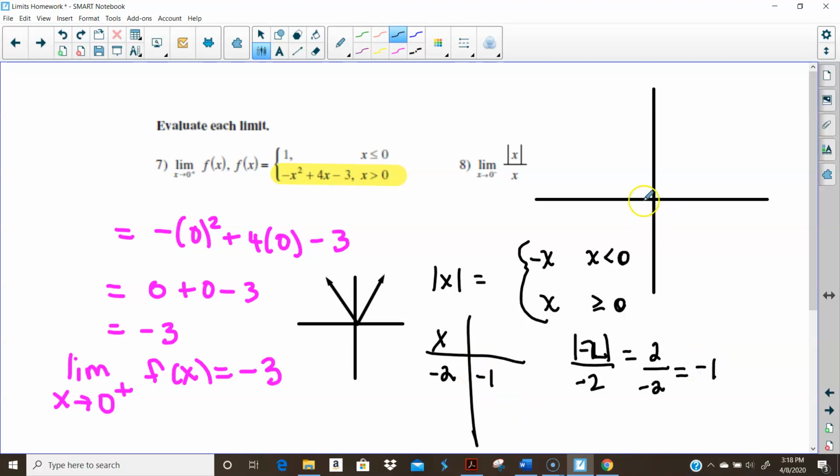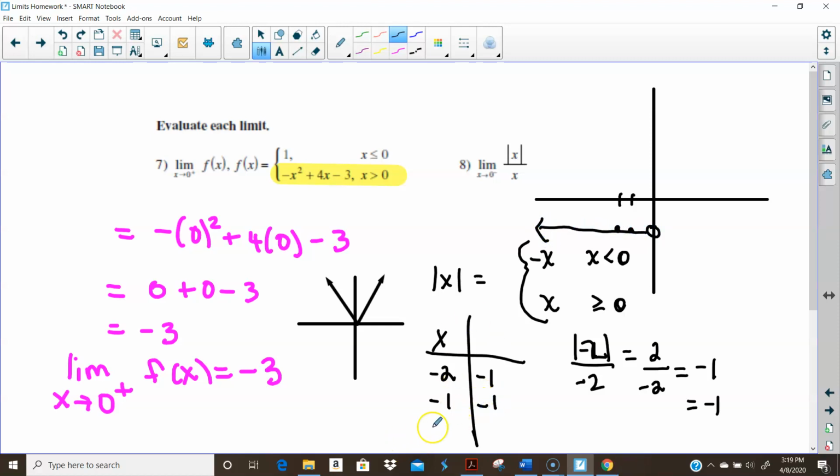So at negative 2, this is going to be at negative 1. If I plug in negative 1, you're going to see this comes out as negative 1 again. But when I plug in 0, it's undefined. So there's the first part of that function.